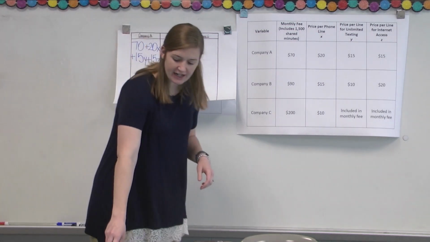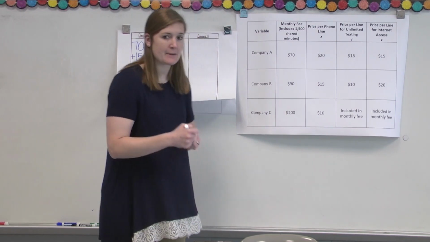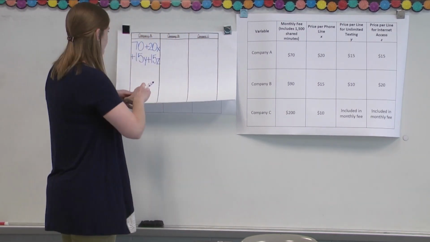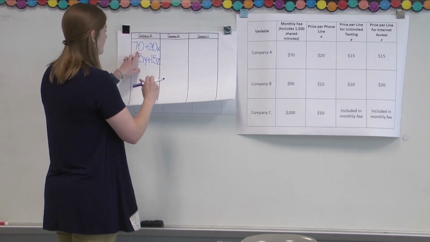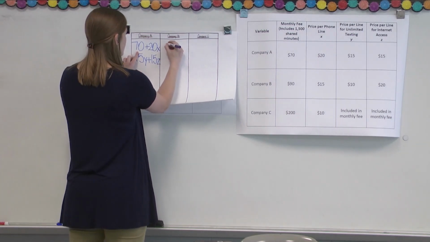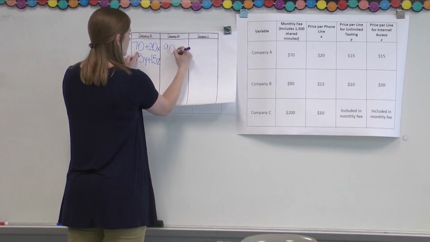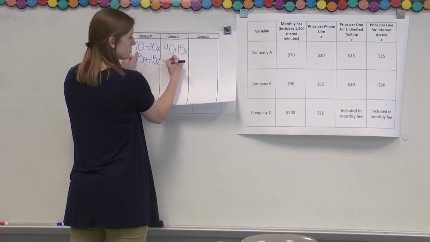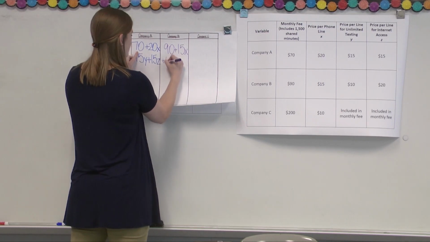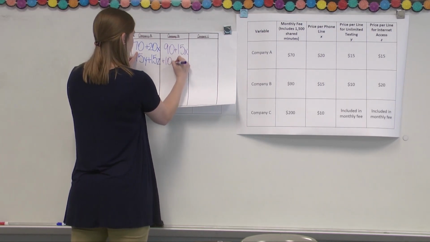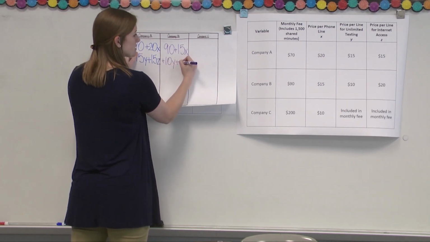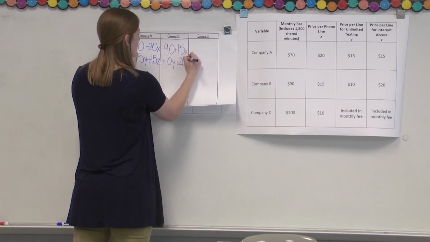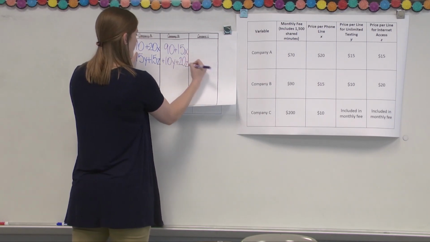All right, let's take a look at how you did for Company B. So the monthly fee for Company B is $90, plus $15 per phone line, plus $10 for unlimited texting, plus $20 per line for internet access.